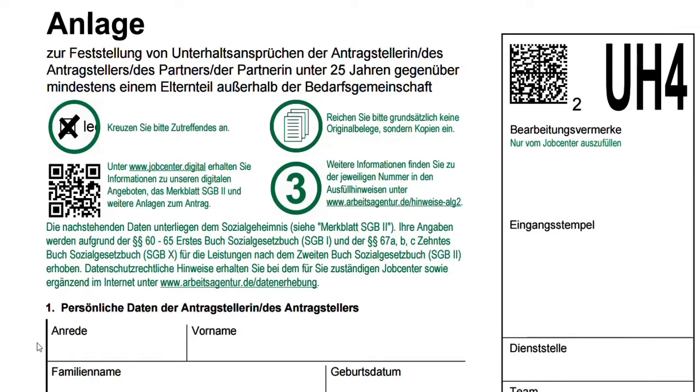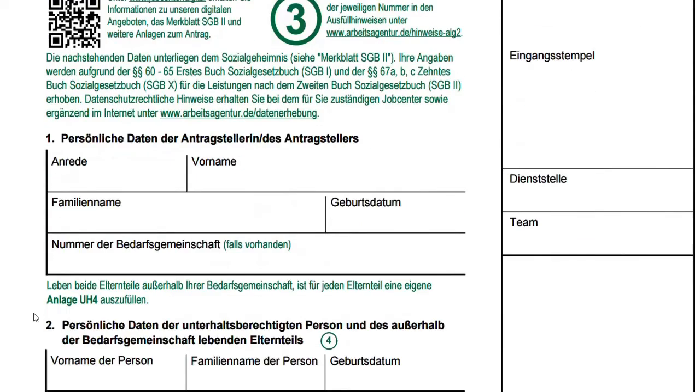But the other side, the right side, is actually for Jobcenter employees, and they have to fill it in. They will fill it in, so you do not have to write anything on this side till the end of this application. The first part of this form is about the personal information of the applicant.